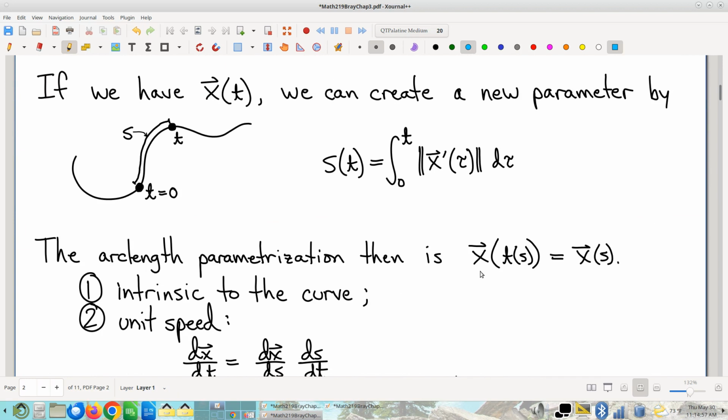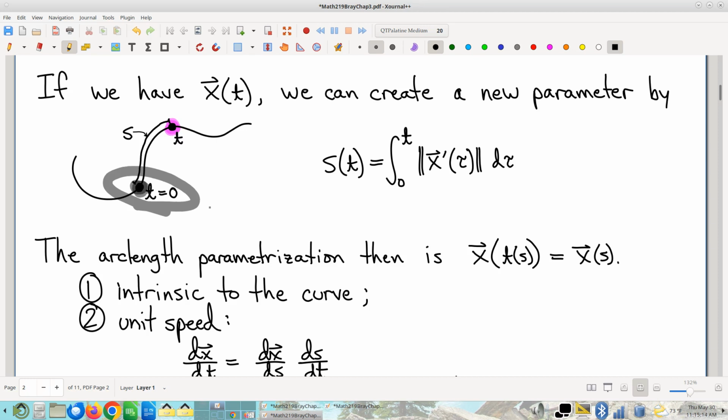Okay, so turns out we have already a natural choice for a new parameter. It's arc length. So what I mean by that is, given a point here on the curve. And this, by the way, assumes that we have a fixed reference point that I'm going to call the starting point. That's going to be where t is 0, whatever.